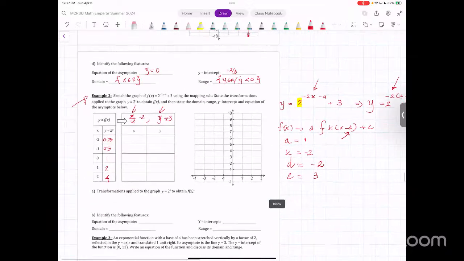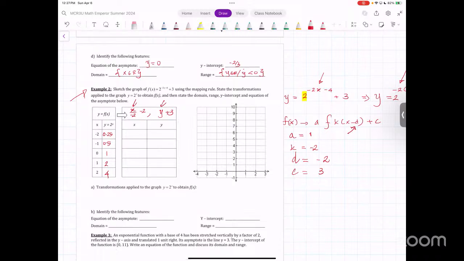Okay, so now you can use your calculator to fill out the table, but I want you guys to draw the graph. How the graph will look like at the end.